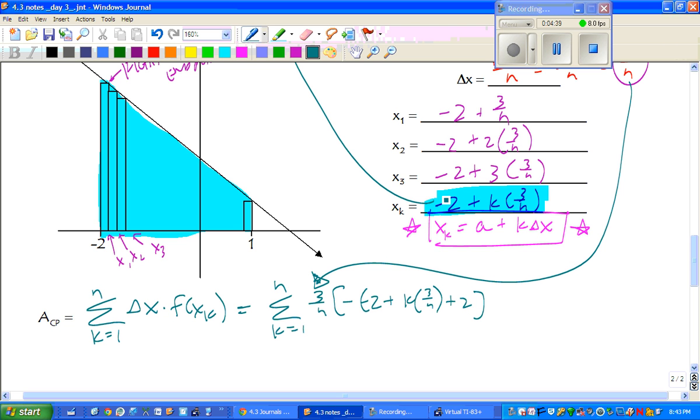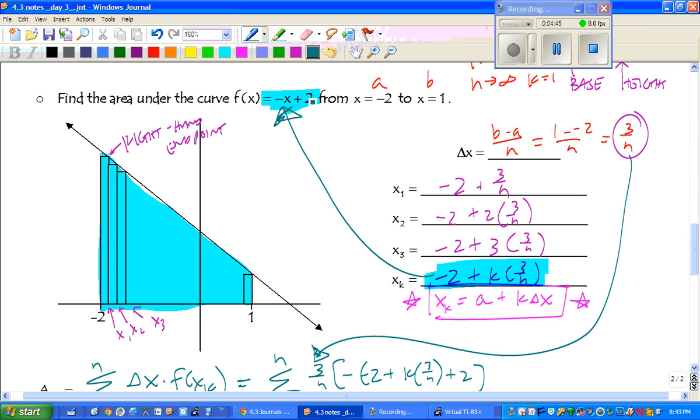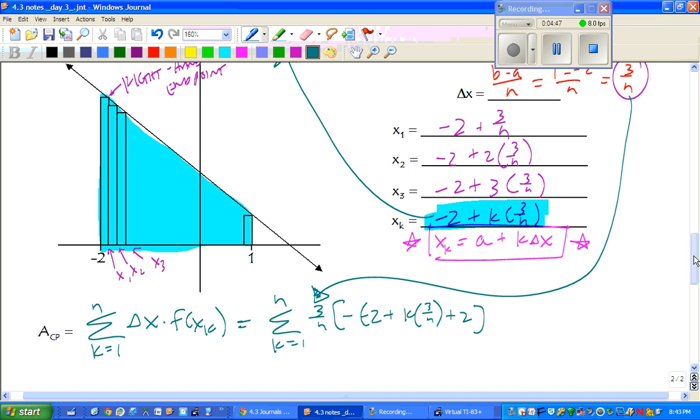Right, so we just took this whole expression, what we have for x sub k, and put it in place of x into the equation opposite of x plus 2. I missed a parenthesis there.